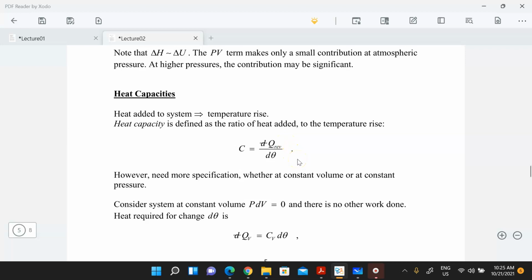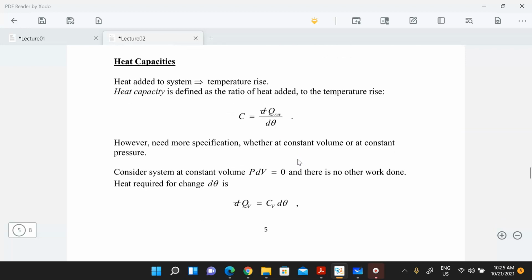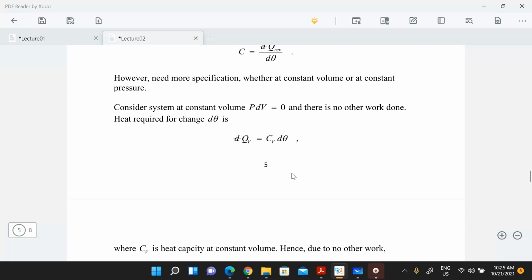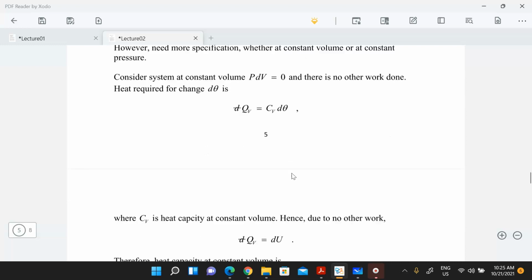Okay, so the one with constant volume means you get PdV equals 0. Then dqV is given by the specific heat at constant volume times d theta. That is what we call the heat capacity at constant volume.